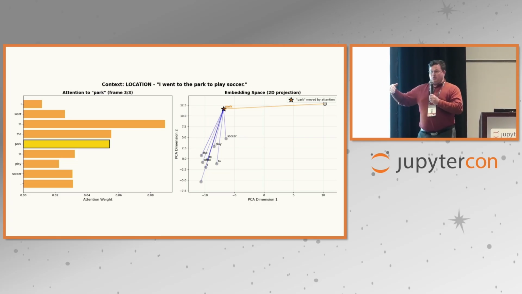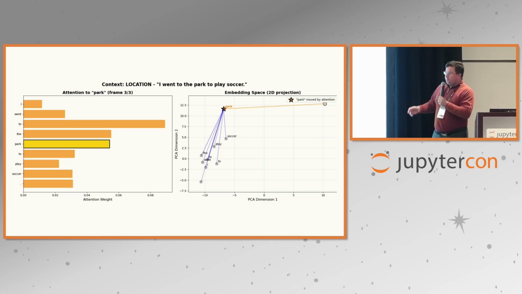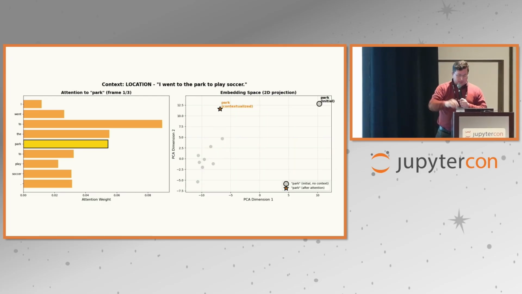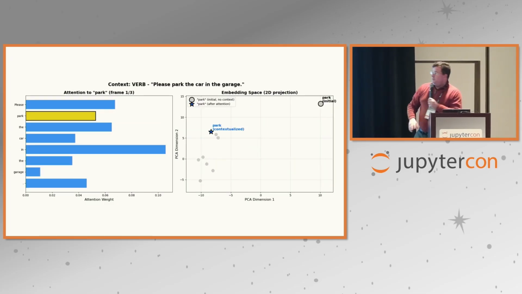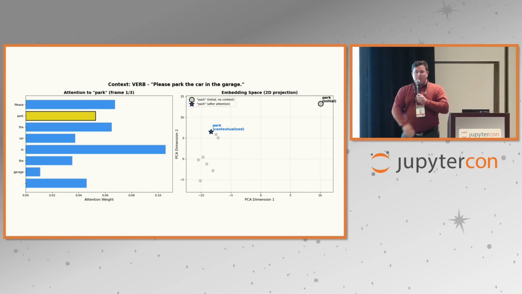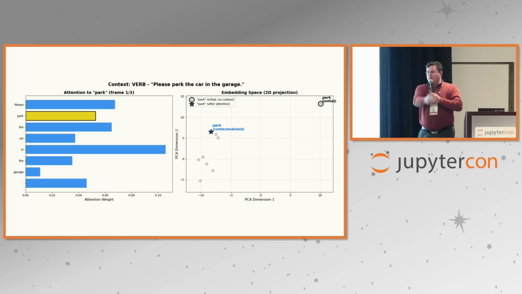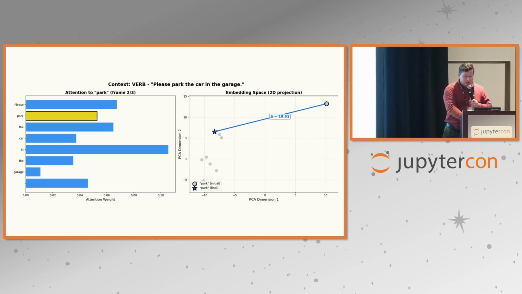That's the thing that it's learning, how hard it should pull. So if I'm doing this sentence, it pulls it this way. If I'm doing this sentence, well, now maybe there's another word, garage or something like that, that's out here. That's moving you in a slightly different place.